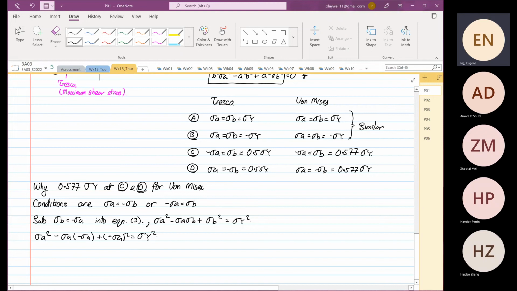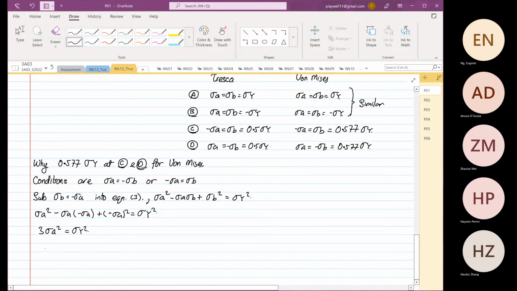Everything minus minus becomes plus, so 3 sigma A squared is equal to sigma U squared. So sigma A is equal to the square root of sigma U squared divided by 3.